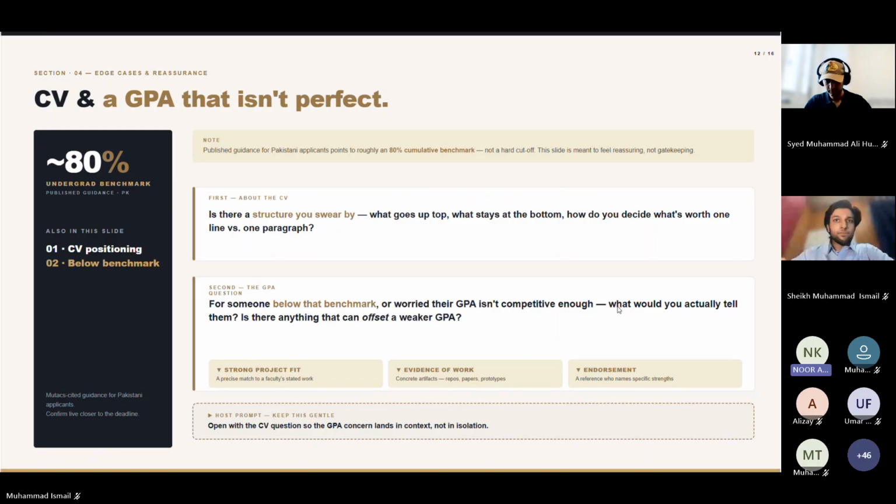It should look clean, it should look bulleted, and always make sure that whatever you're writing correlates with the projects that you've chosen. The keywords of the projects you've chosen should show up somewhere in your resume.